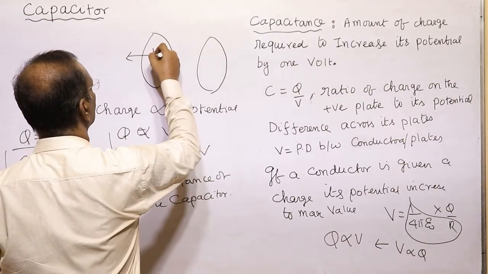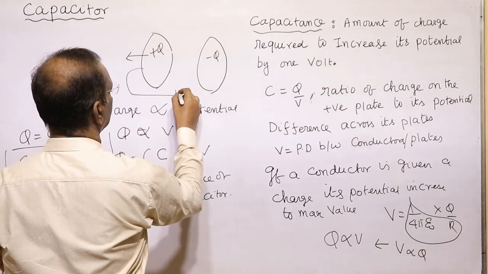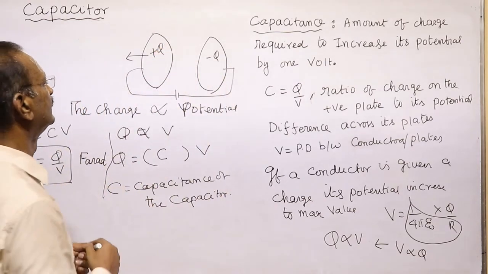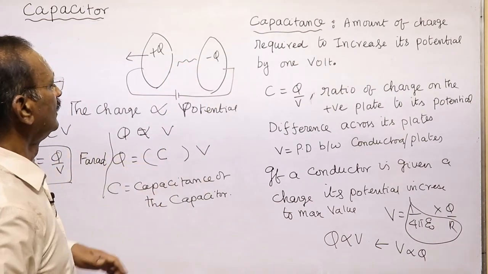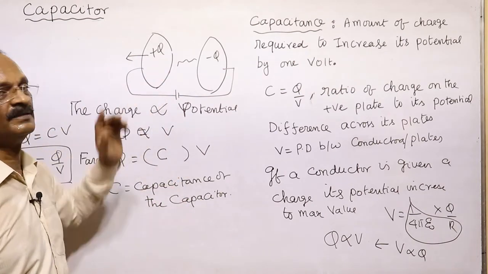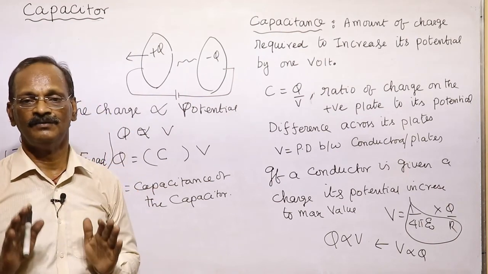Suppose this is given plus Q, this will be given minus Q, because I am attaching a battery to it, separated by a dielectric insulating medium. Capacitance is always positive, because the charge on the capacitor means the charge on the positive plate.